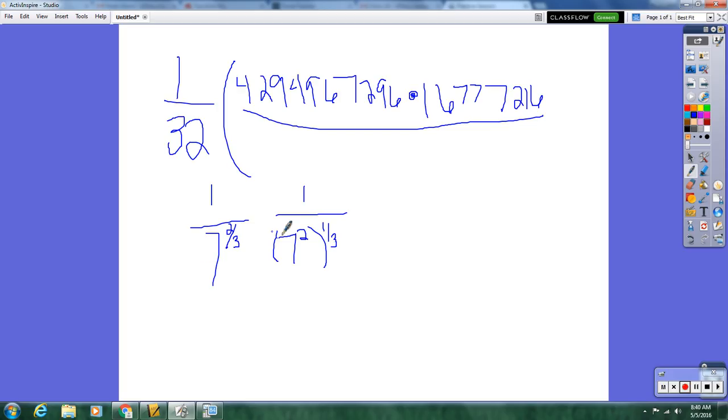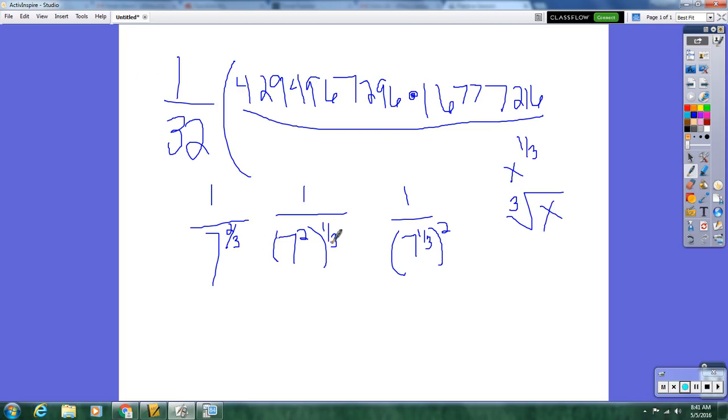So 2 times 1/3 is 2/3. So that's the same thing. Or you could write it as 1 over 7 to the 1/3 power squared. Whichever way you want to do it, doesn't matter. But you've got to start thinking about these fractional exponents as roots. Because x to the 1/3 power is the same thing as the cube root of x.